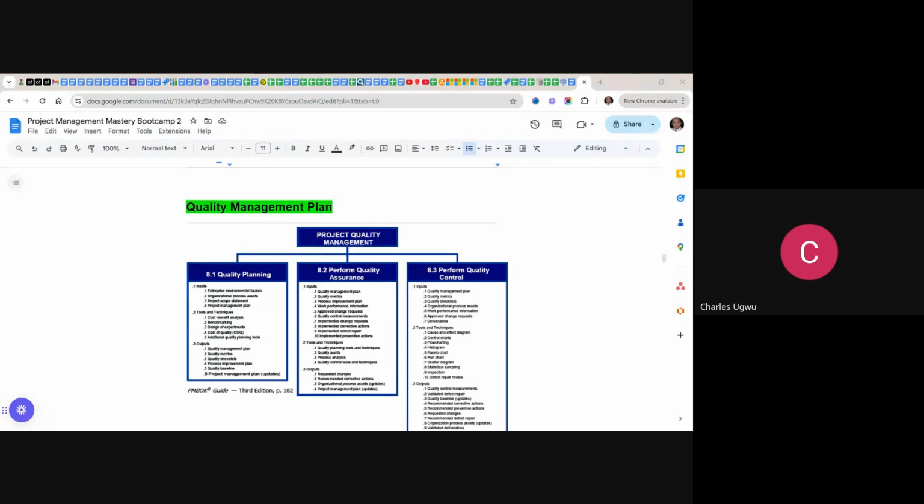Let me tell you what fishbone is. Fishbone is a tool, a technique in what we call root cause analysis. It's mainly used by business analysts. We use it to drill down and find the root cause of a problem.